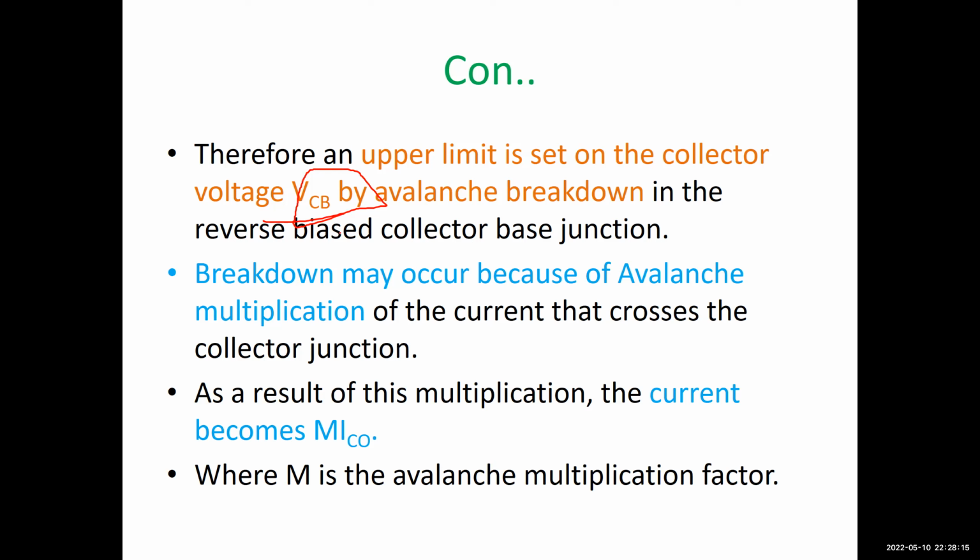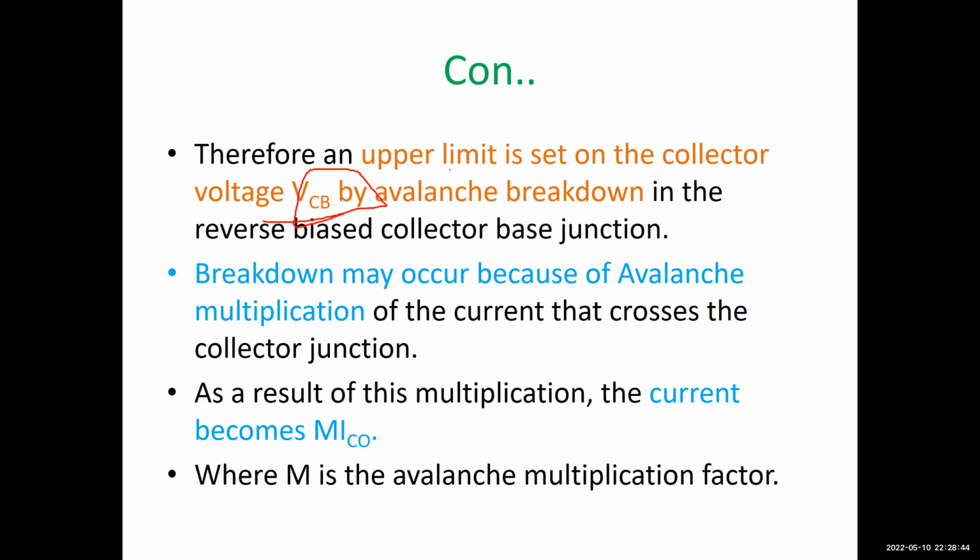This breakdown happens because of the immobile ions present in the depletion region in the collector base junction. There will be kinetic energy which makes the ions, due to the electric field, collide, which may produce more ions. As a result of this, there is a multiplication in the output current.